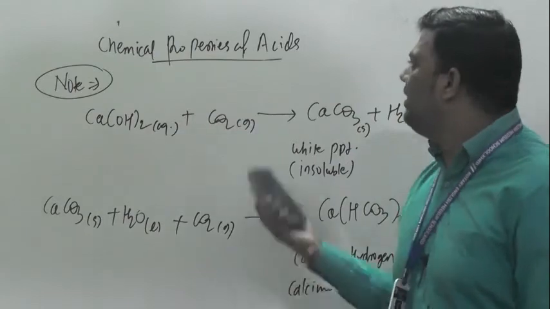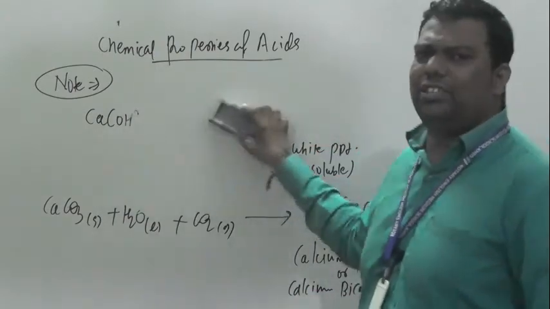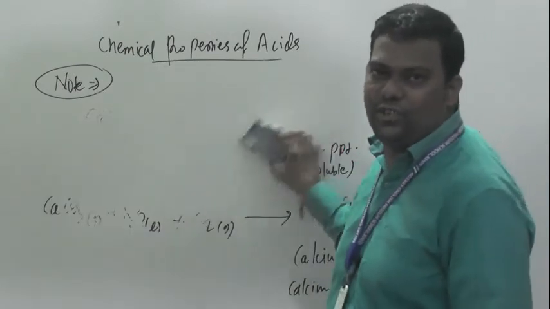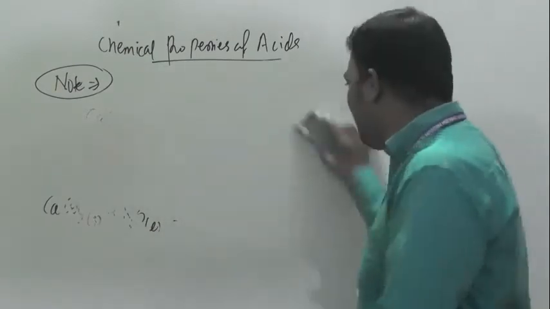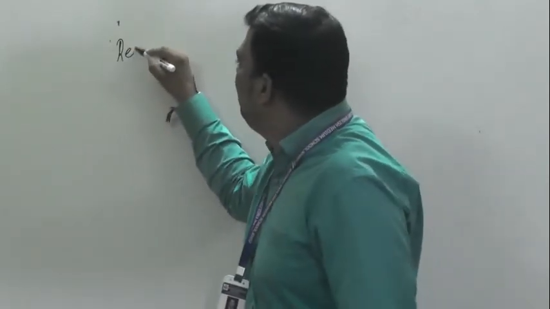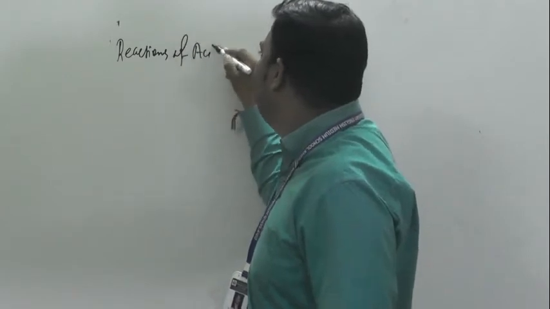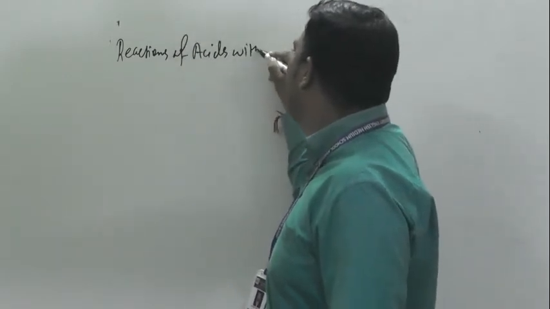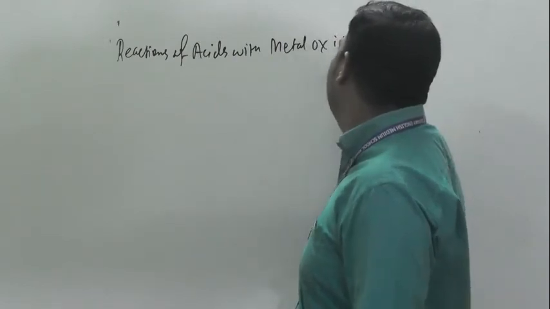Now we will discuss the chemical properties of acids, and some reactions. Reaction of acids with metal oxides.